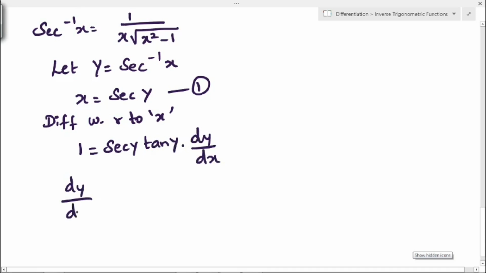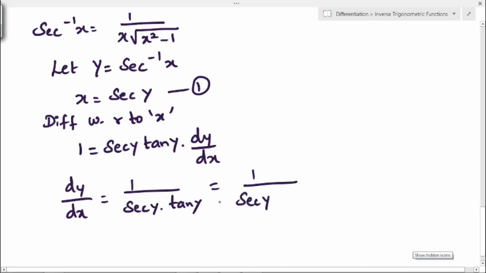So dy by dx value is 1 divided by secant y into tan y, because I am taking this term to the other side. So this is nothing but 1 divided by secant y into, what is the tan y value? Again we have to use the same equation which we used in the previous problem, that is secant square y minus tan square y equal to 1.